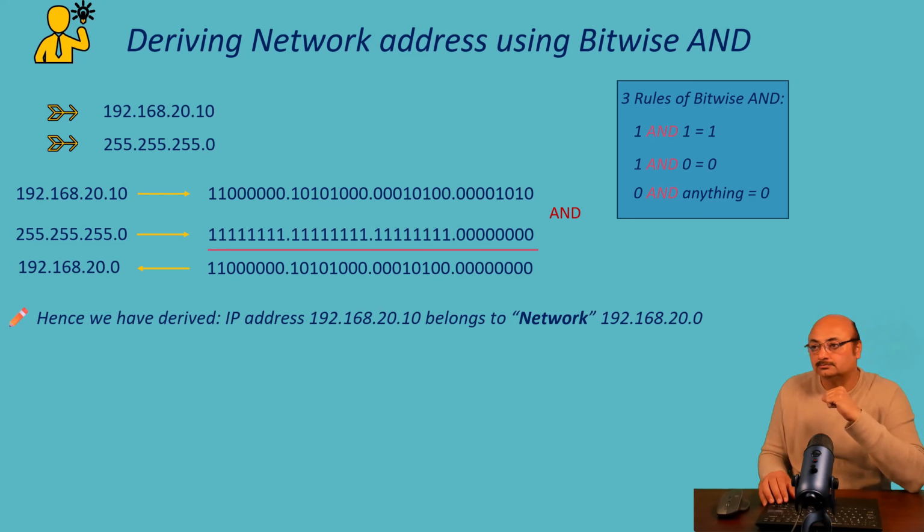Now, having learned the concept of deriving a network address from a given IP address and its subnet mask, let's further utilize this to check whether two IP addresses belong to the same network or different networks.